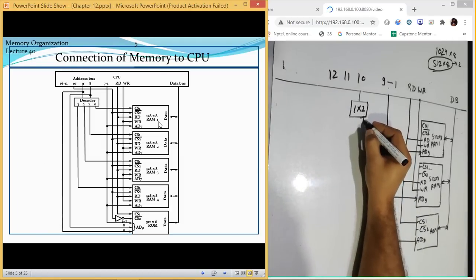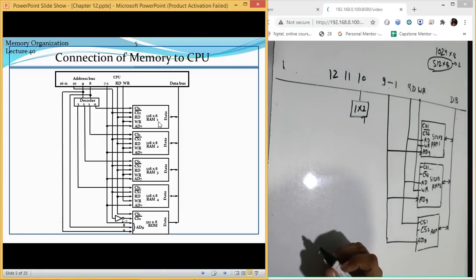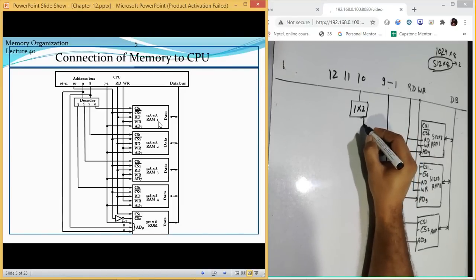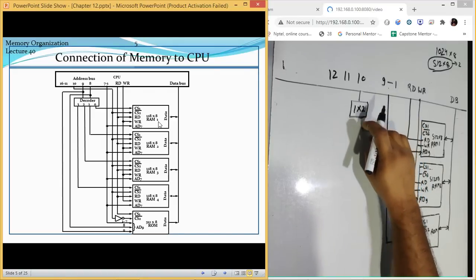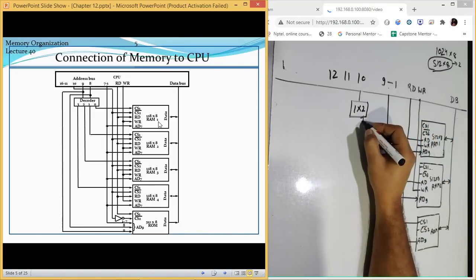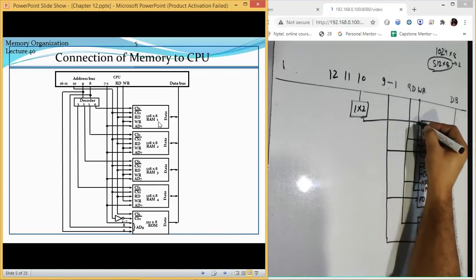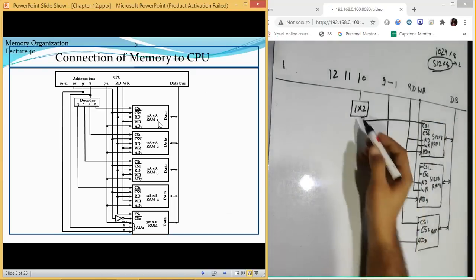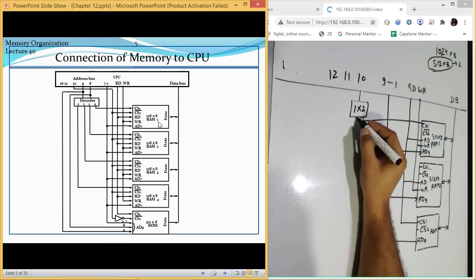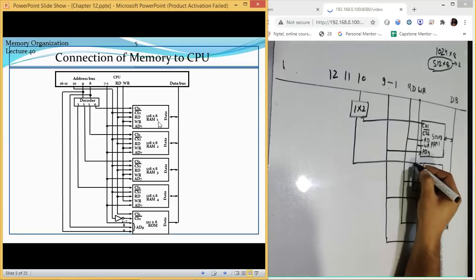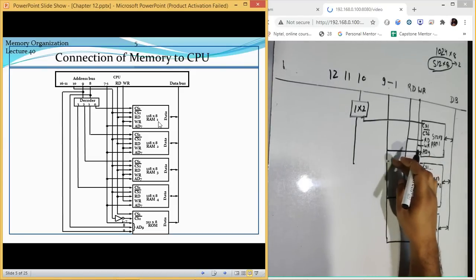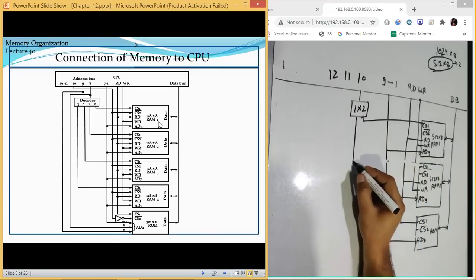So if this is 1, it is connected with the CS1 value. This is connected with CS1. Like if this is 1, this will work. If the second value is 1, this will work.